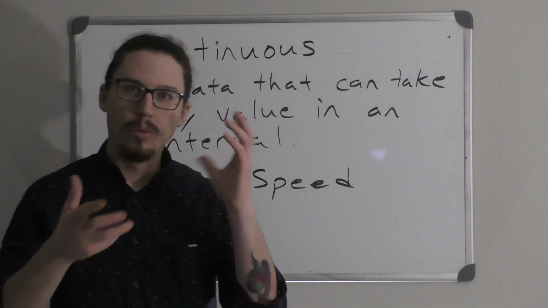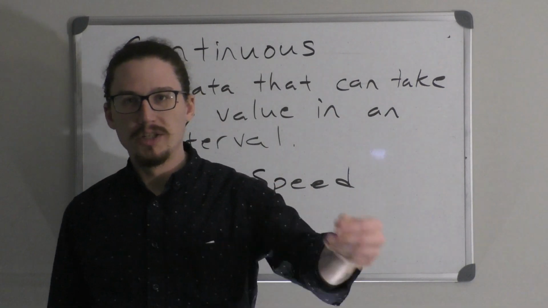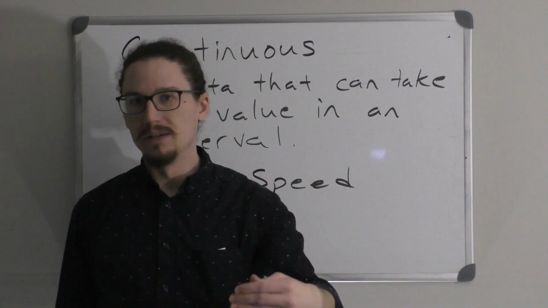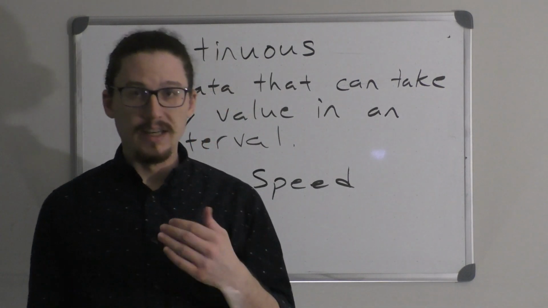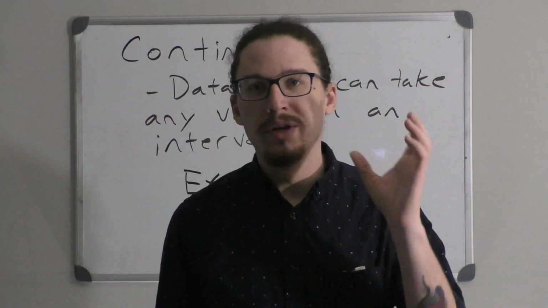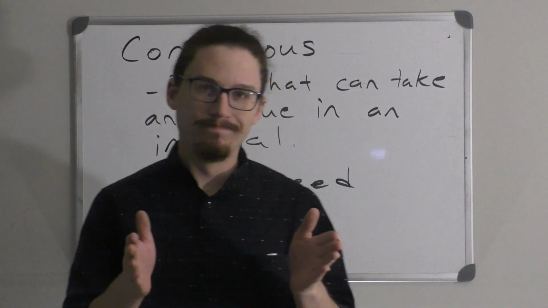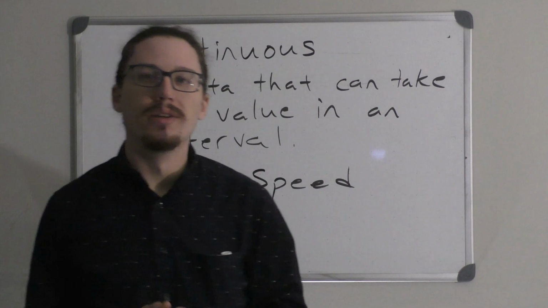We could always keep getting smaller and smaller, and we don't have those gaps. So that is continuous, and that's some of the ways we can think about whether something is continuous or not. Can we always get a smaller unit of measure? If so, it's continuous.